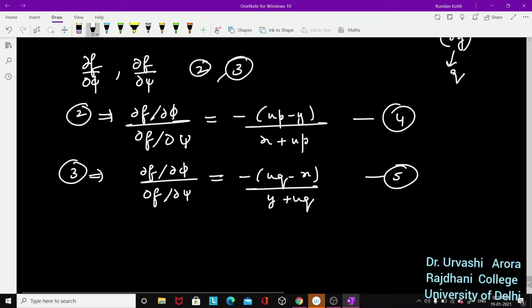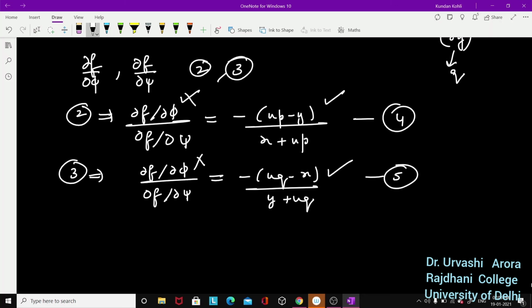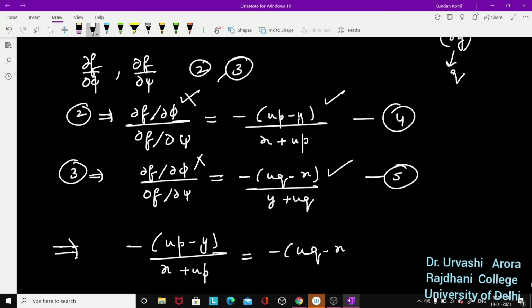Because I want to get rid of these two unknowns, when you equate them you have up minus y over x plus up equal to minus uq minus x over y plus uq.